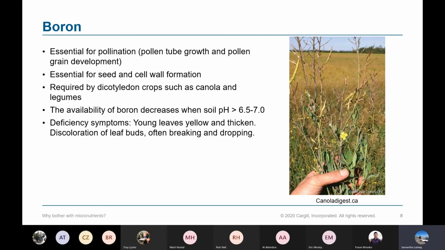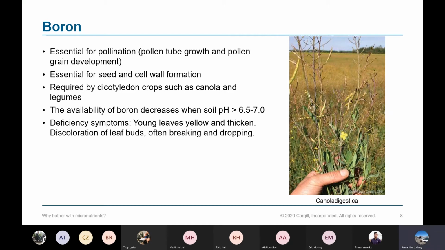It's also essential for seed and cell wall formation. And as I mentioned, it's required highly by canola and other legumes, and very rarely in your monocot or cereal crops. The availability of boron decreases just like copper when your pH is greater than about 6.5 or 7.